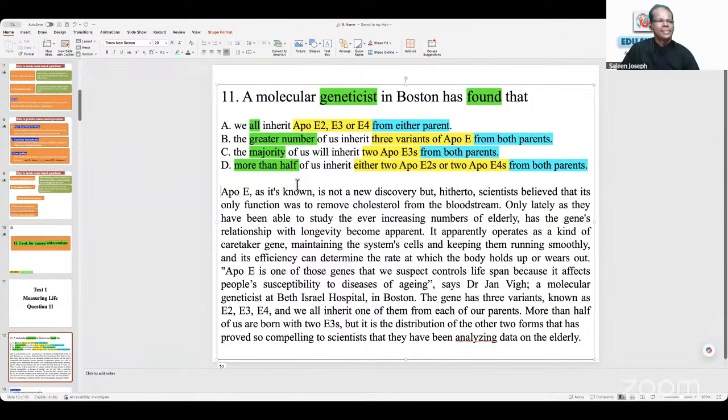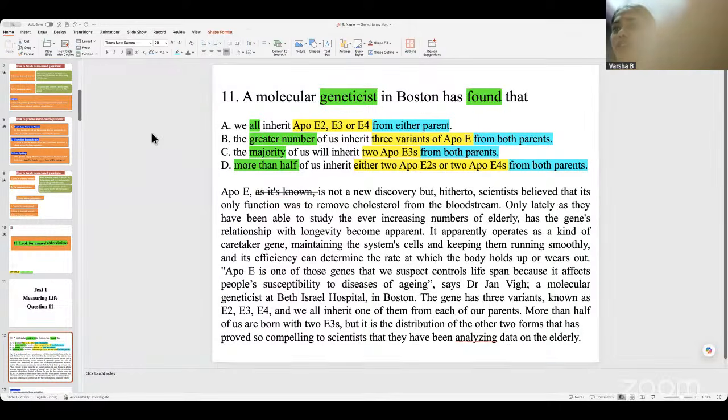ApoE, as it's known, is not a new discovery, but hitherto scientists believed that its only function was to remove cholesterol from the bloodstream.